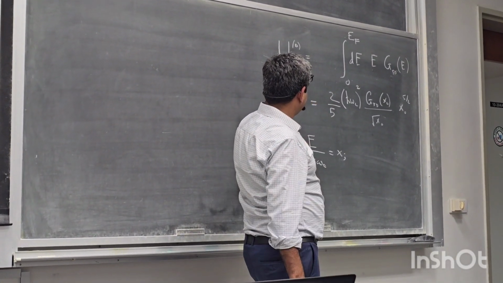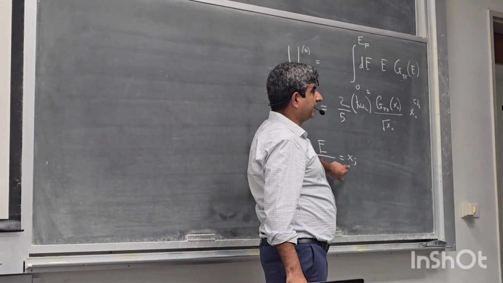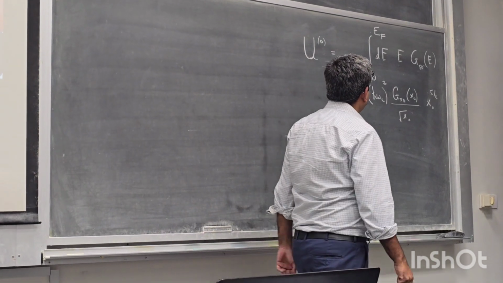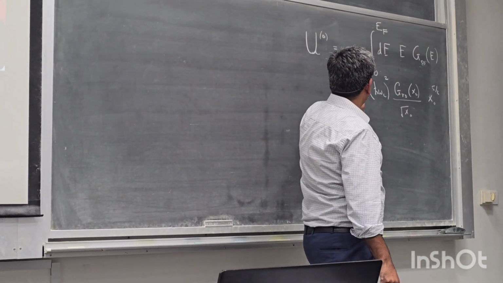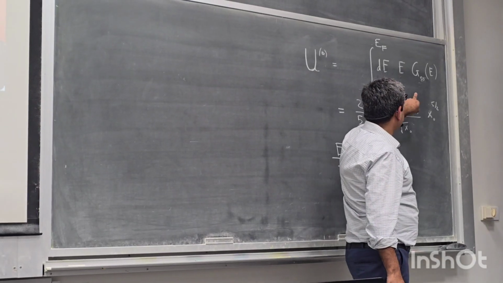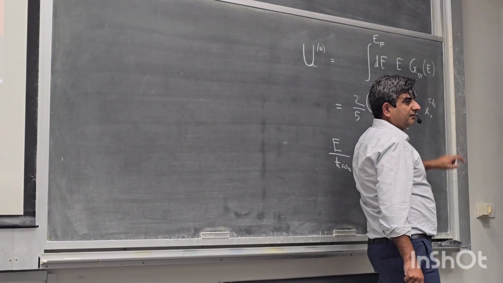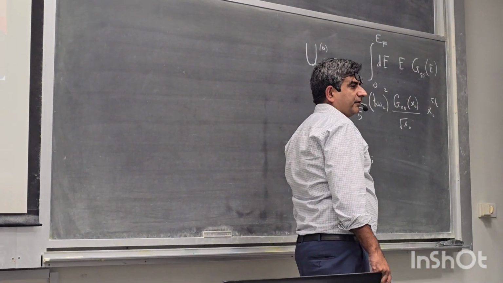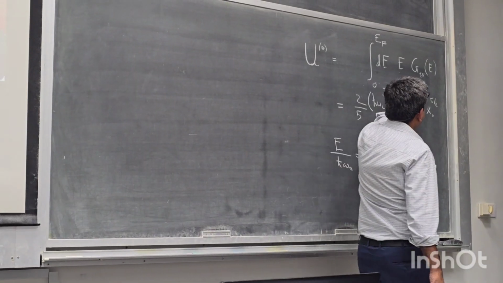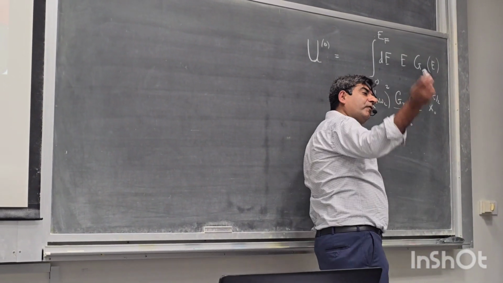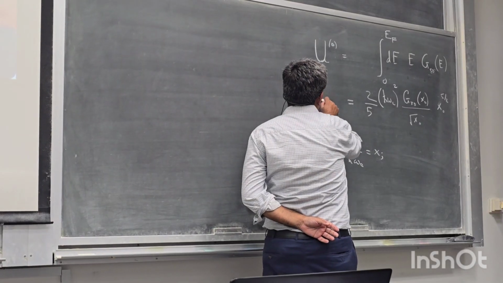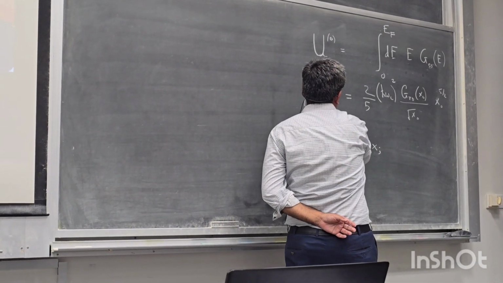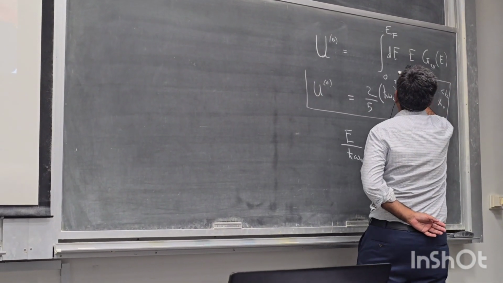So we replace dE by h bar omega c dx. E is given by this. So there's a dE here as well, and there's a G3D(E) as well, where this is the three-dimensional density of states, which we've already derived. After you do all of these calculations, the total energy turns out to be this, in the absence of a magnetic field.